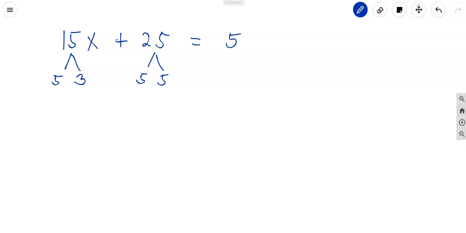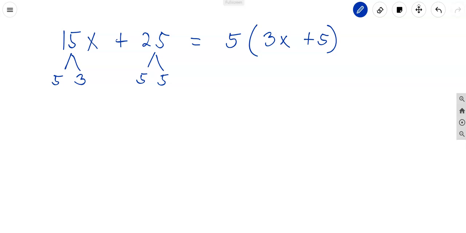You take out 5 and then multiply from the remaining numbers. The remaining is 3 times x, so we get 3x, and here we have plus 5.